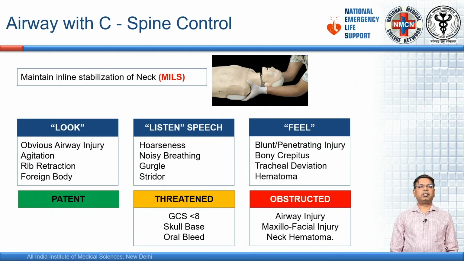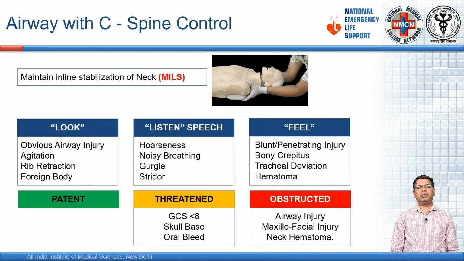If you can see obvious airway injury, there is some foreign body, or you hear that the voice has changed, noisy breathing, gurgling sound, stridor, all this says that the airway is threatened, some problem is there. If a person has a low GCS, there is a high chance that his tongue will fall, so the airway will be threatened.